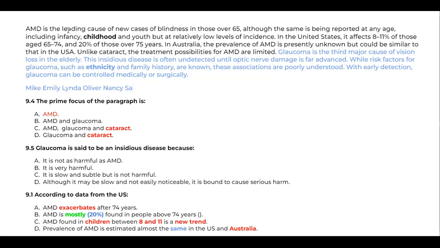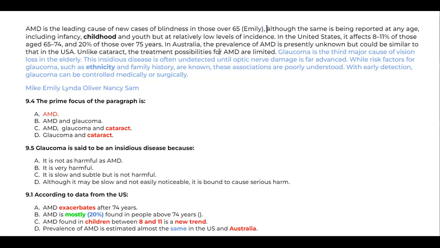What is the benefit of all these things? Whenever you have AMD, you give it to Mike. AMD is the leading cause of new cases of blindness in those over 65. So those over 65 are people like Emily.